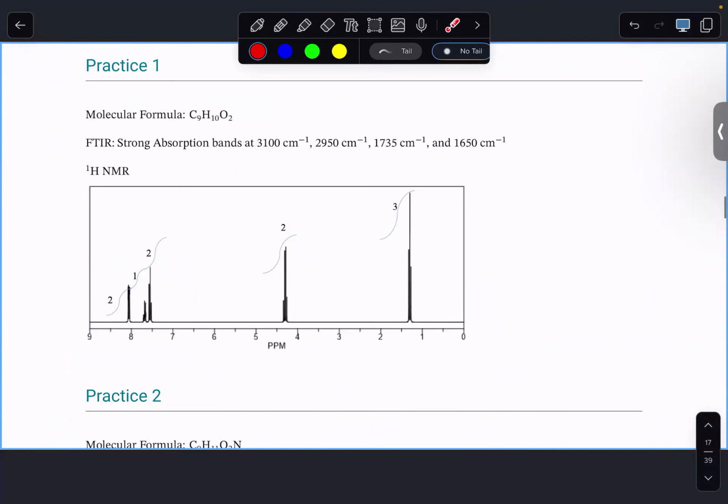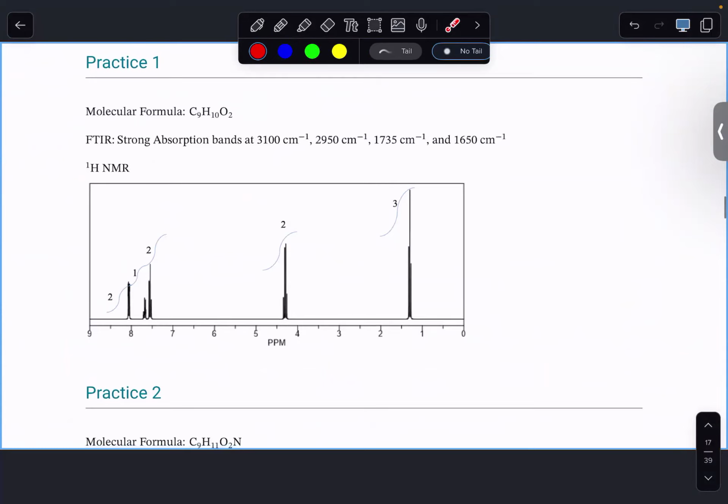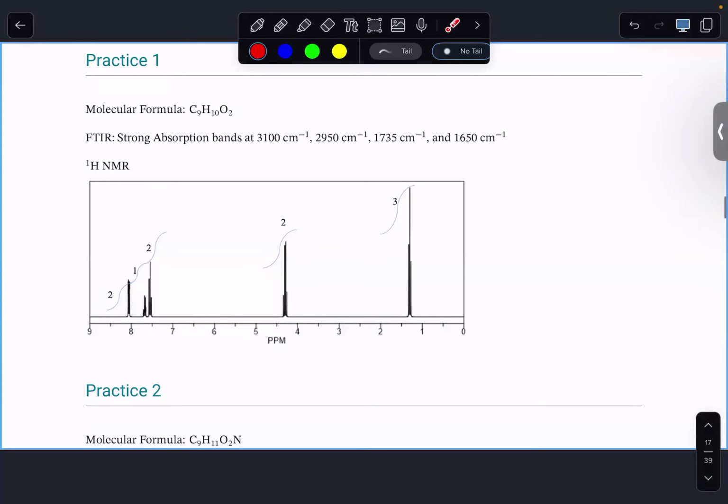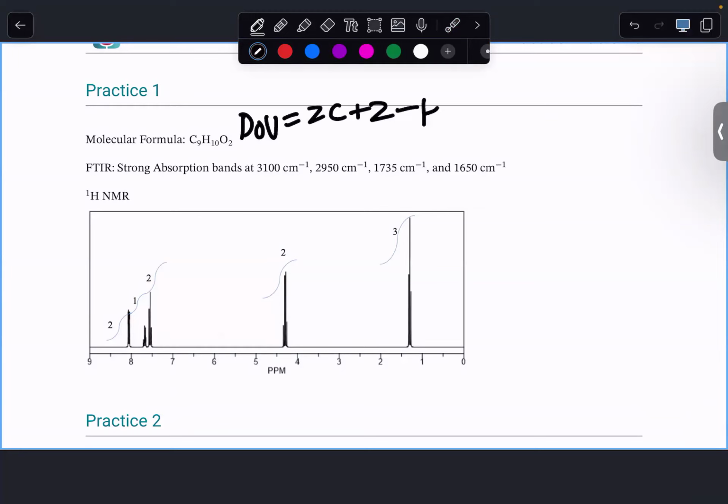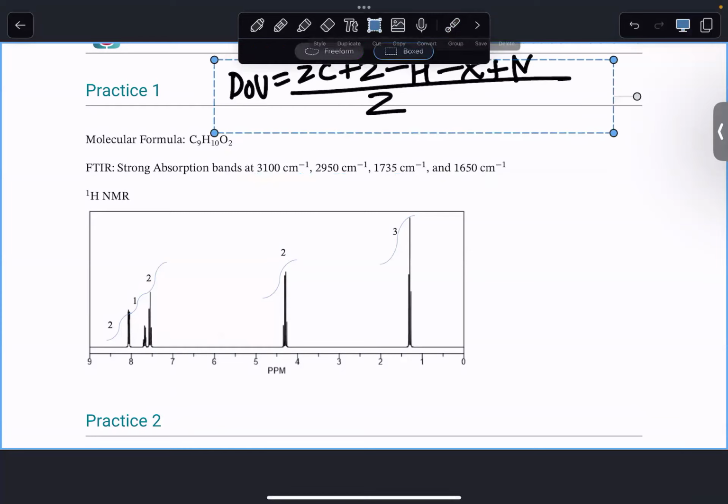Yeah, no problem. So now let's do these one by one. The first thing we have to do is do DOU, which the equation is 2c plus 2 minus h minus x plus n all over 2. Okay, put that here.